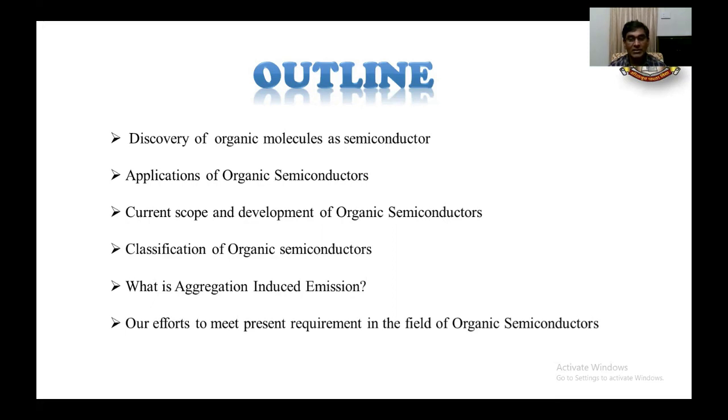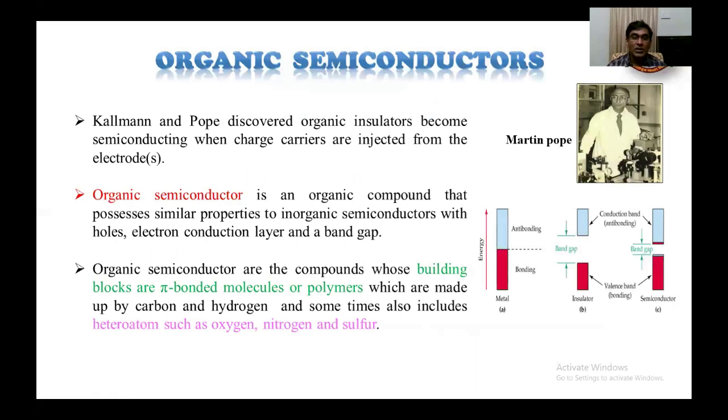So let me talk about the history of these organic semiconductors. In the past, it was thought that organic compounds are insulators, but Martin Pope and his colleague Kallmann showed that these organic insulators convert into semiconducting materials when the charge carriers are injected using electrodes.